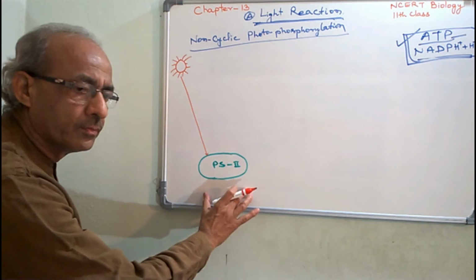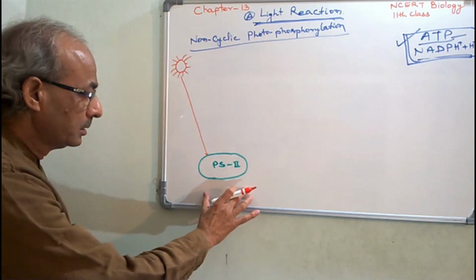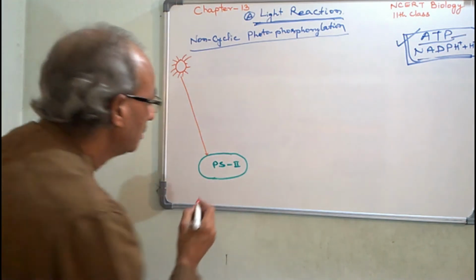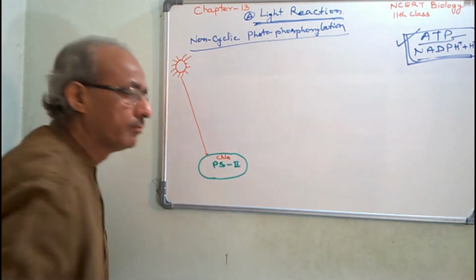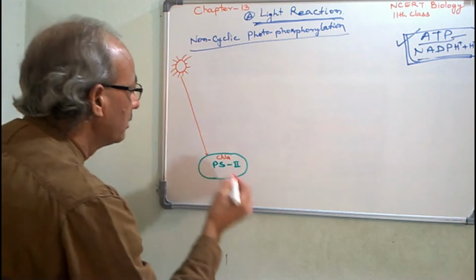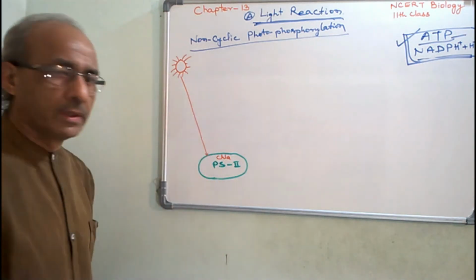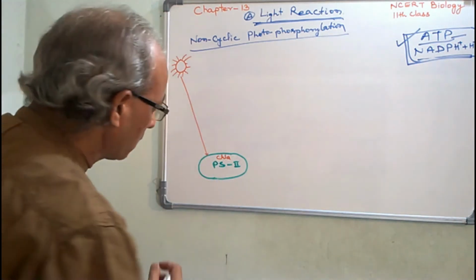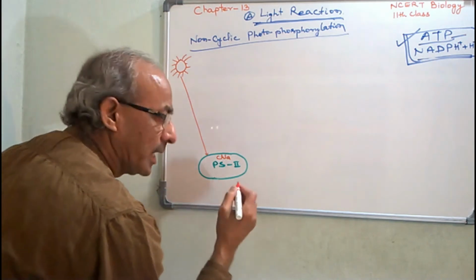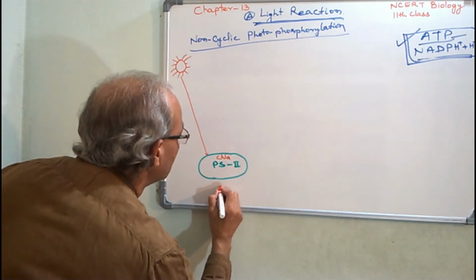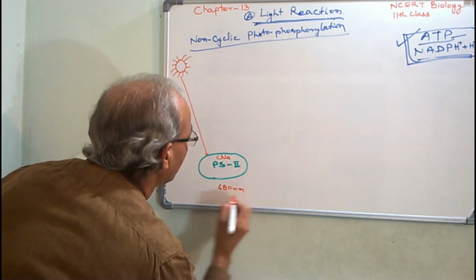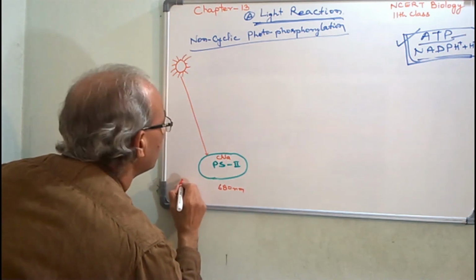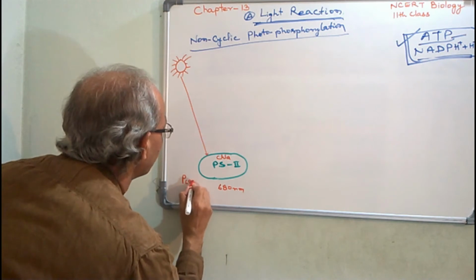Here the reaction center chlorophyll A absorbs the red color of light having wavelength 680 nm. This is the P680.